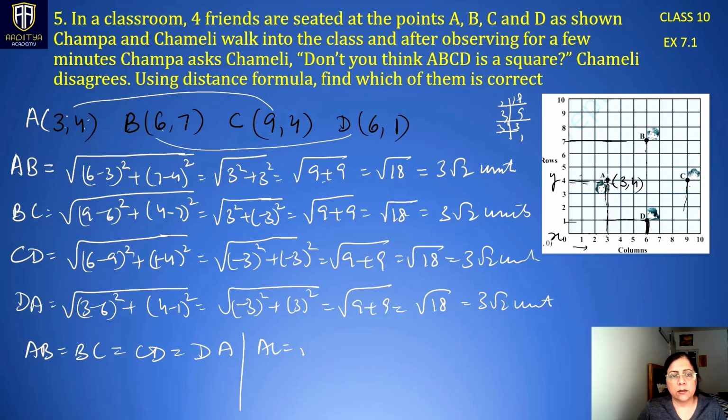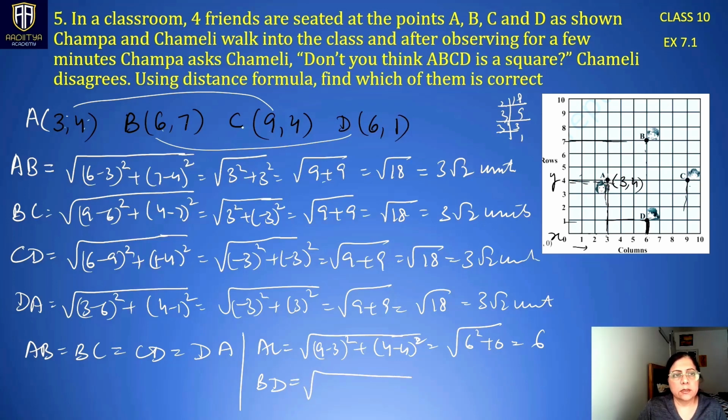What is AC here? AC is 9 minus 3 square added to 4 minus 4 square. That is 6 square plus 0. This is 6 itself. Then we have BD.